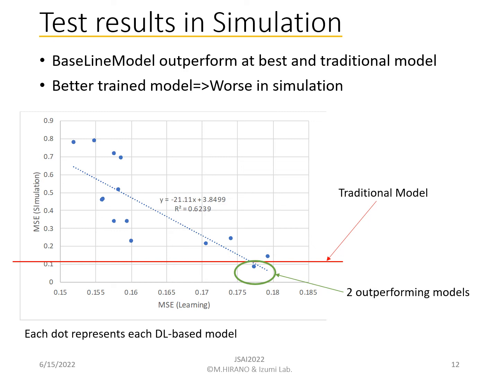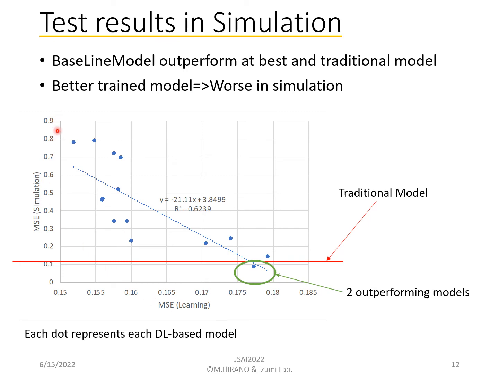Here is our experimental result. In this figure, there are some dots, with each dot representing a deep learning-based model, and the horizontal axis means MSE in learning, which means the learning capability of each deep learning-based model.